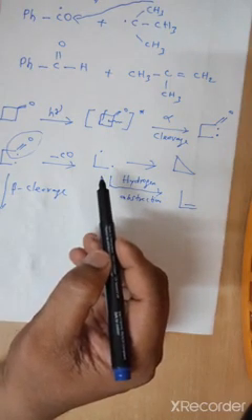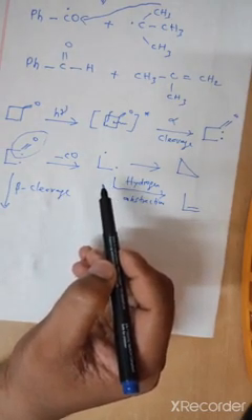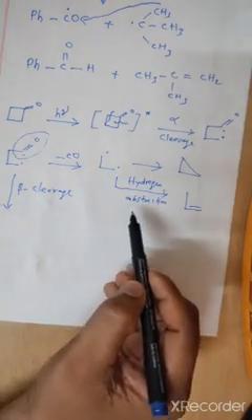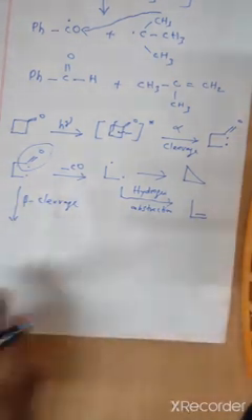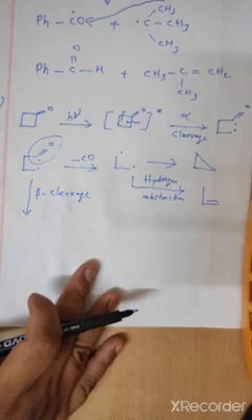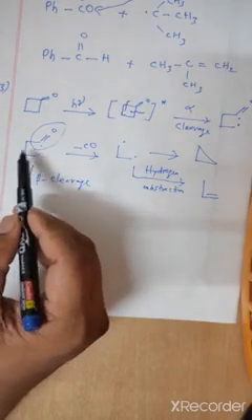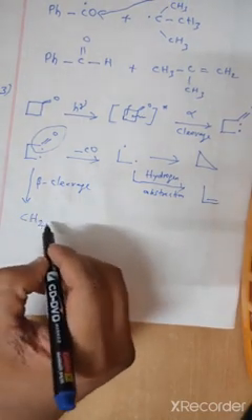Another process is formed. This biradical undergoes beta cleavage, so as a result two products may be formed.